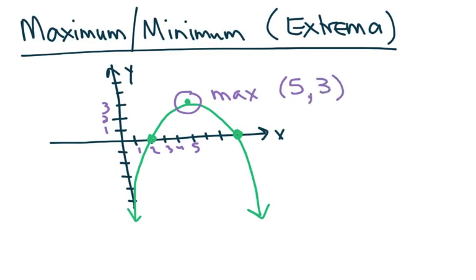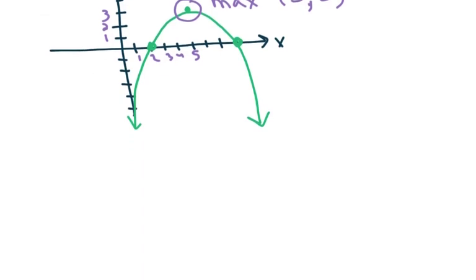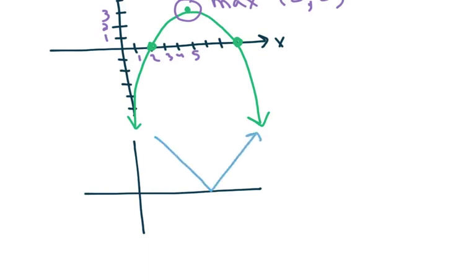Other graphs change direction, because not all graphs change direction. Absolute value functions: anytime you have a graph that has a V, it will have a maximum or minimum. A square root function will also have a maximum or minimum.